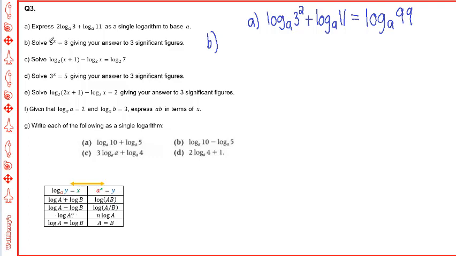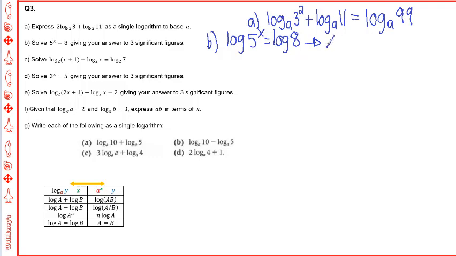But in maths we can do the same thing to both sides. So let's take log base 10 of both sides. So logging both sides, it becomes log, doesn't matter which base it is, 5 to the power x equals log 8. That now allows us to use the power rule, so we can bring that down.